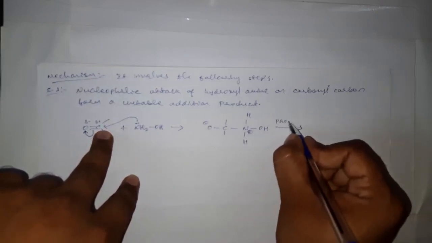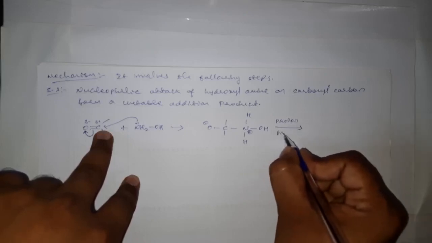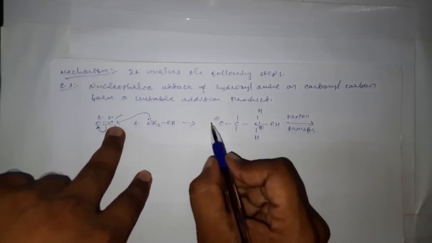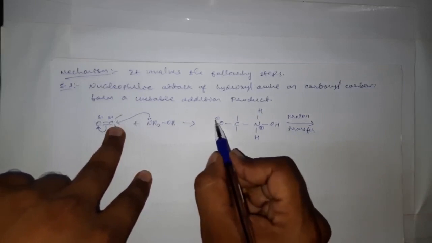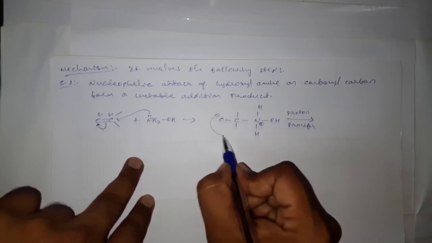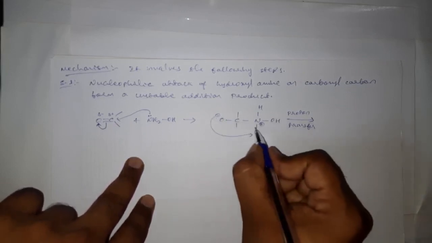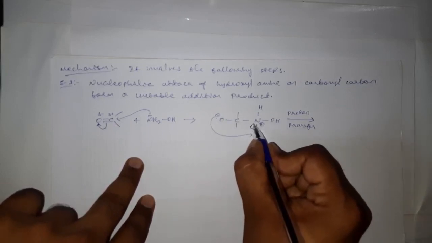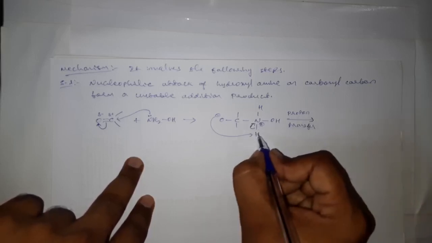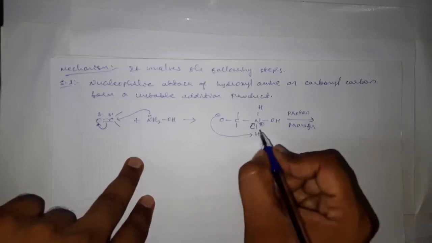Here proton transfer takes place. This oxygen, with its more electronegative nature or negative charge, will drag this proton, and this bonded pair of electrons will stay with nitrogen. The proton is transferring from the nitrogen to the oxygen.